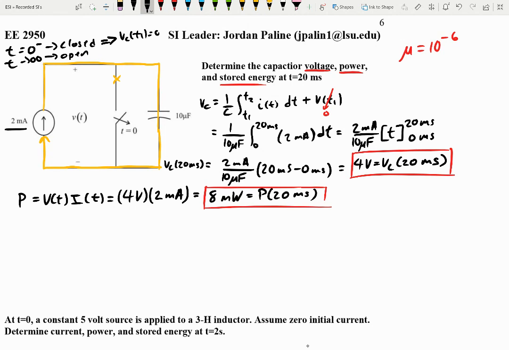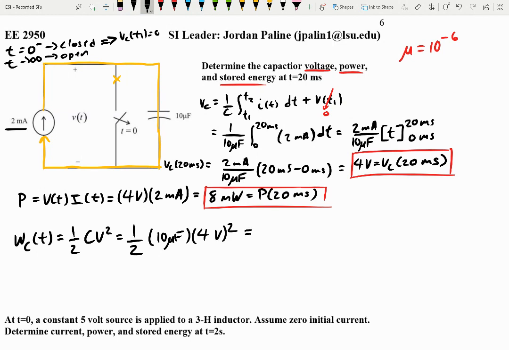Finally, let's take a look at the energy. Energy is going to be W C of T equals 1/2 C V squared. Half times the capacitance, which we said was 10 microfarads, and the voltage is going to be 4 volts.